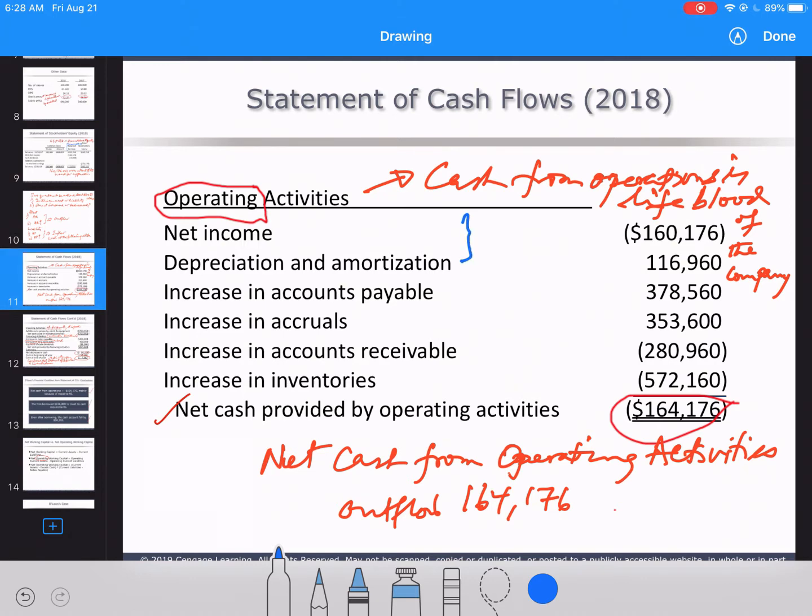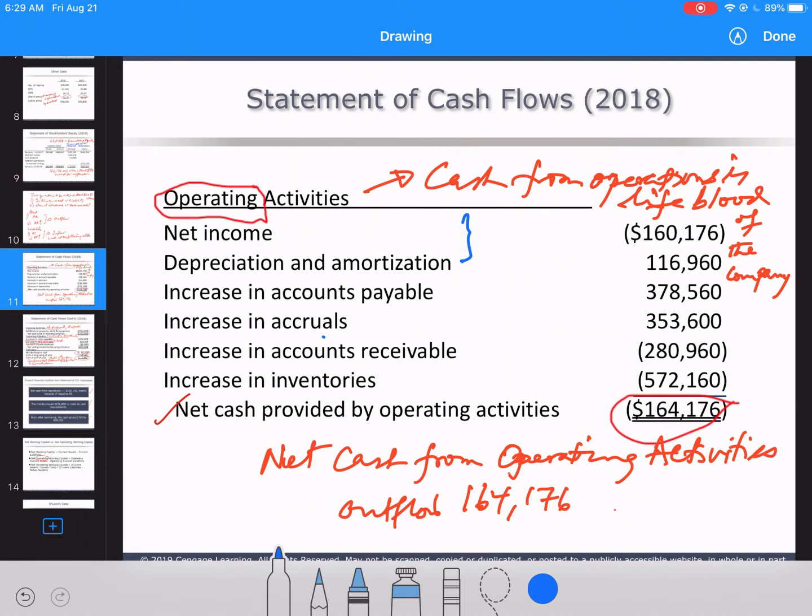And then you look at the accounts payable. You see that accounts payable has increased. Therefore, this is a liability. That means you have an inflow. And then increase in accruals is also a liability. It has increased, therefore it is an inflow. Increase in accounts receivable is an asset. It has increased, therefore it's an outflow.